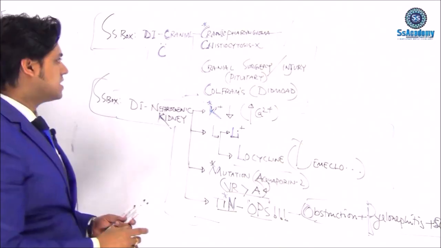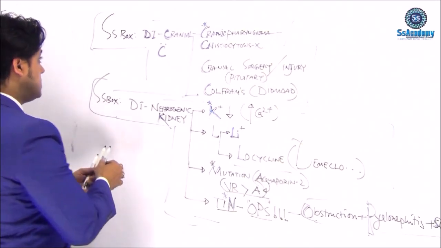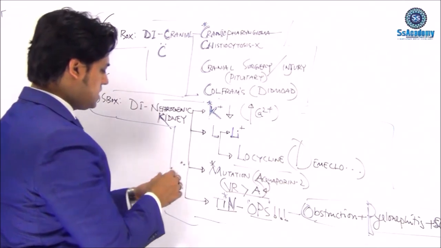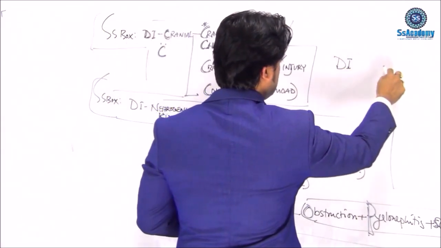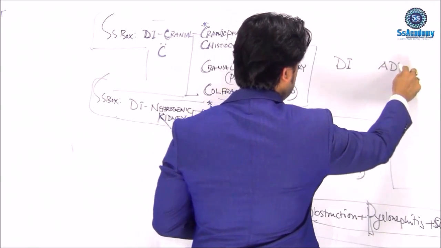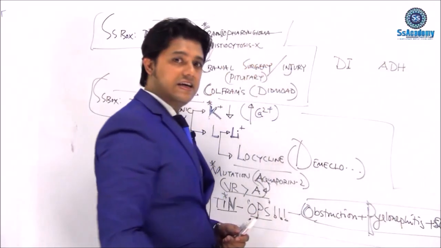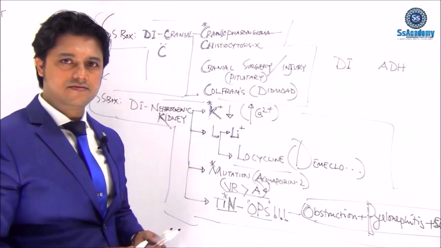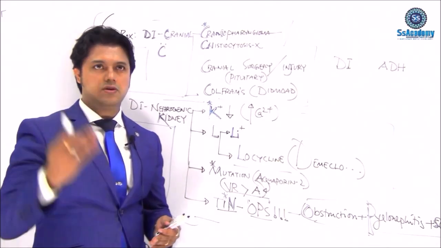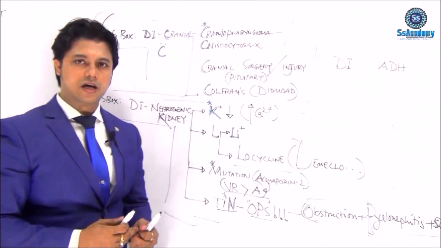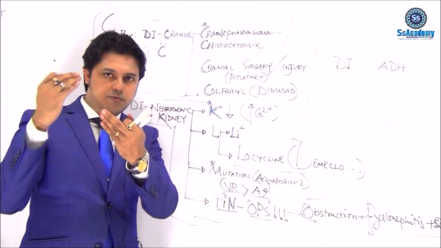So one of the important things you see, now I'll talk a little bit. Diabetes insipidus, what is that? Diabetes insipidus is nothing but an ADH problem, anti-diuretic hormone absent. So anti-diuretic hormone is released from the hypothalamus, then comes to the posterior pituitary.